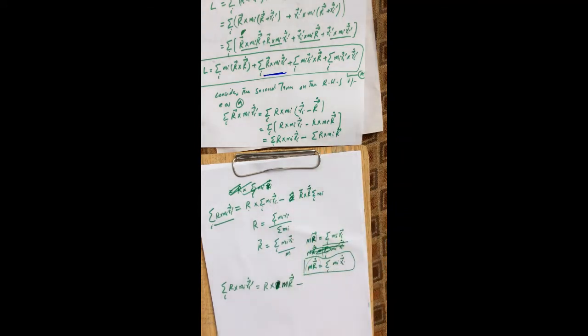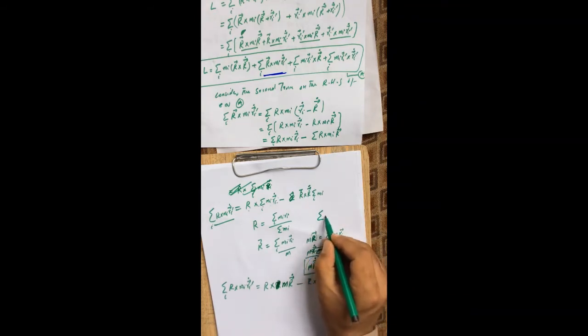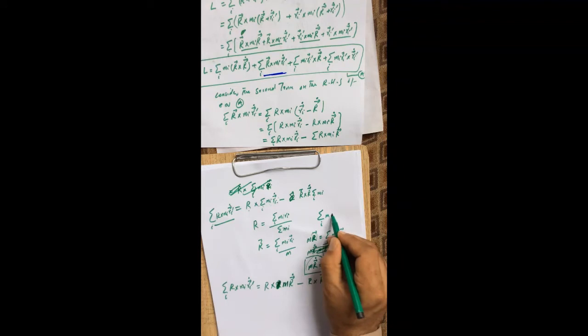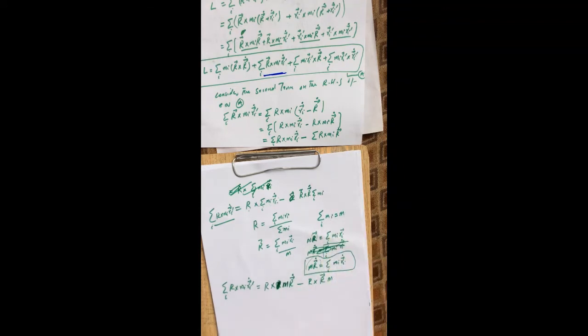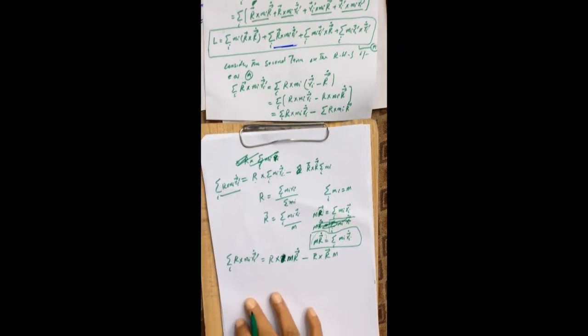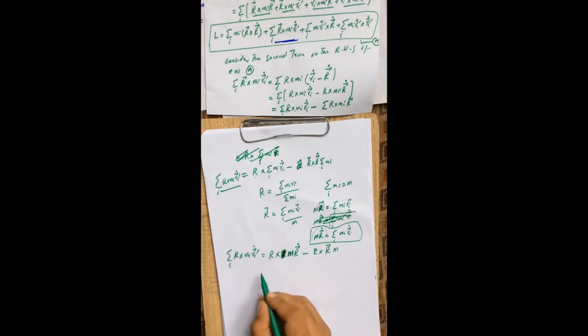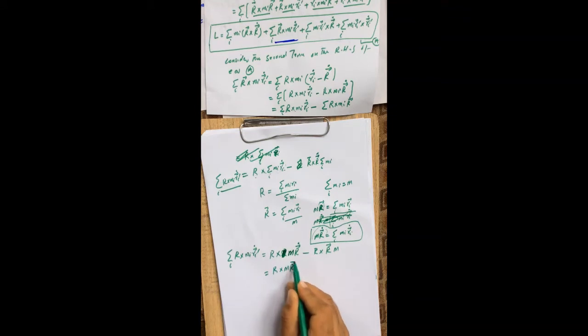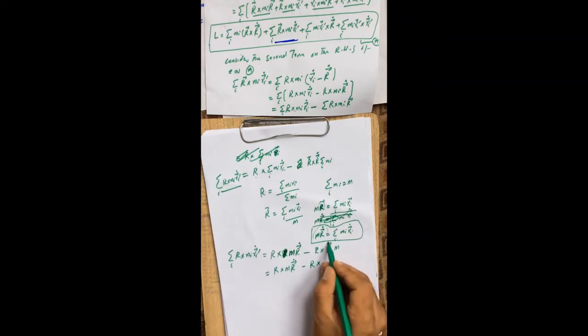Now here we have r cross r dot into M. Now because sum over I mi will be equal to the total mass of the system of particles. So it means that this is equal to r cross M r dot minus r cross this r dot, sorry, so M is, I will bring M to this side, M r dot.